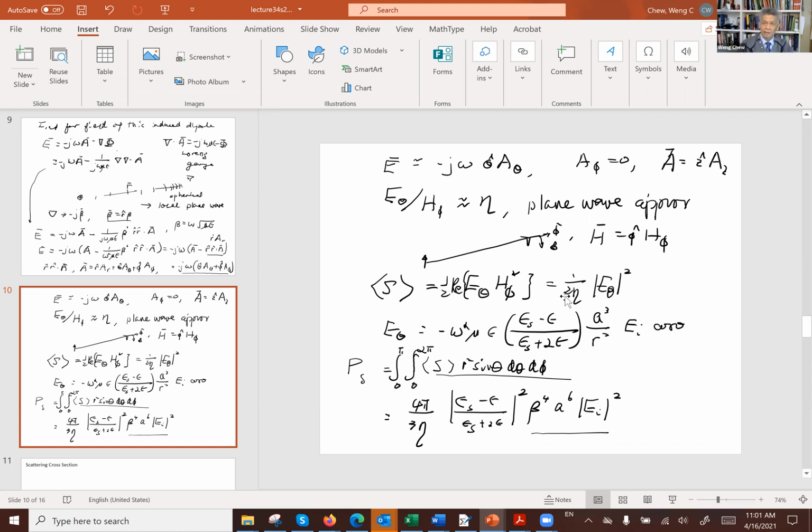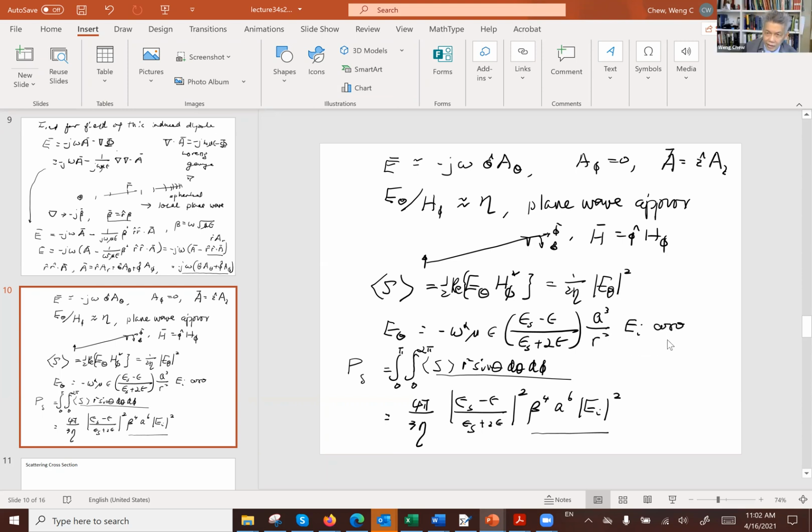When you plug in this value of E theta, you have to take the magnitude square, so you get this term over here, and if you square this a cube, you become a to the 6th, and then you have a beta square here, and there will be 2 of them. This is beta square, and then it will be beta to the 4th power because it's E square. And then you have E incident magnitude square.